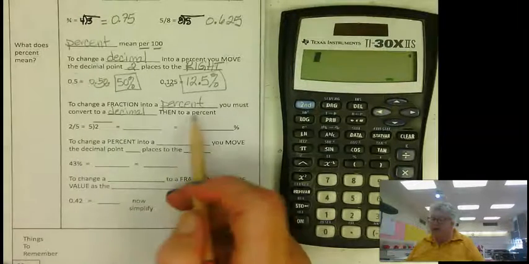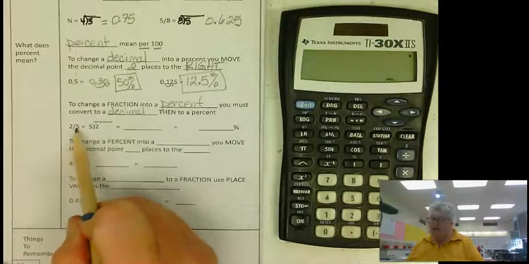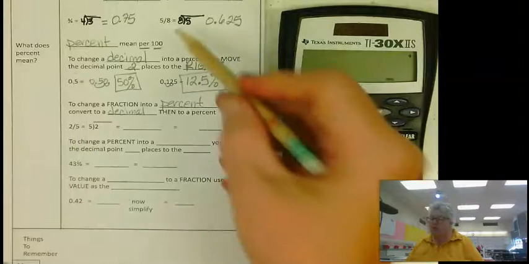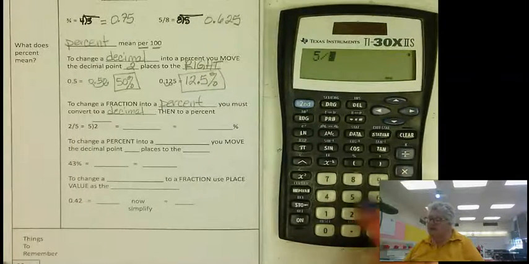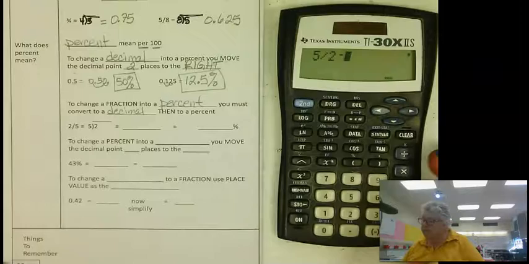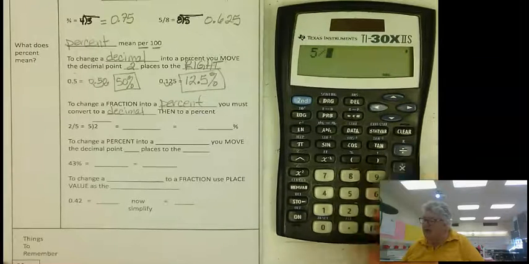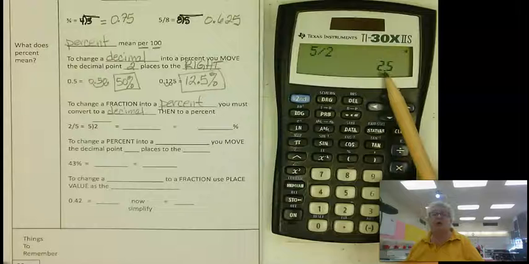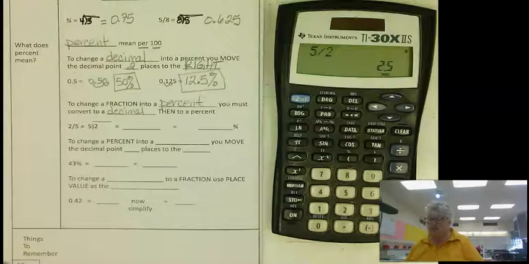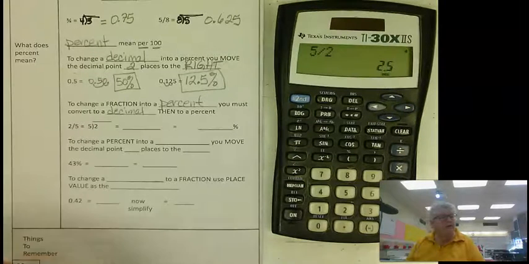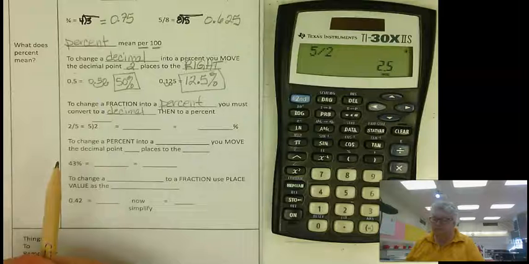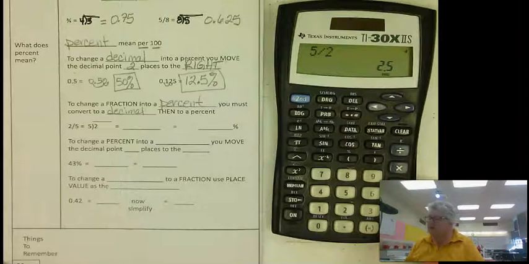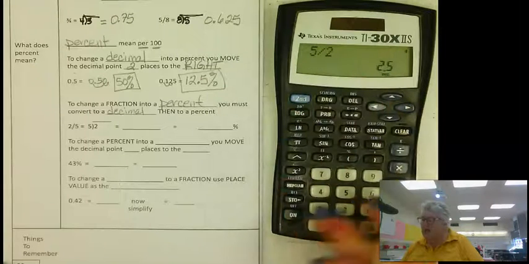So what we've got is 2/5. Remember I told you way up here, we take 5 divided by 2, clear. 5 divided by 2 equals 2.5, right? So what I'm going to do now, did I do that right? No, I did 5 divided by 2. And that's wrong. Ha!